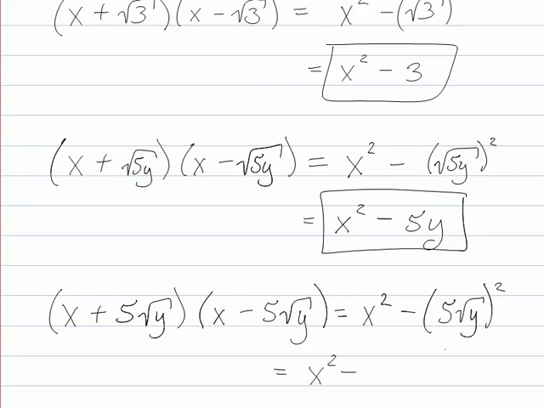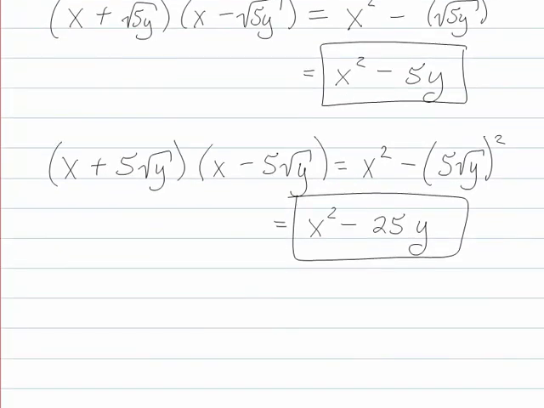X squared minus, it's going to be 25, right? 5 squared times square root of y squared. Really, I hate to say that's all there is to it, but we're going to use this to get rid of square roots on the bottom. So basically, if you have something that's a plus a root, you multiply it by a minus a root.